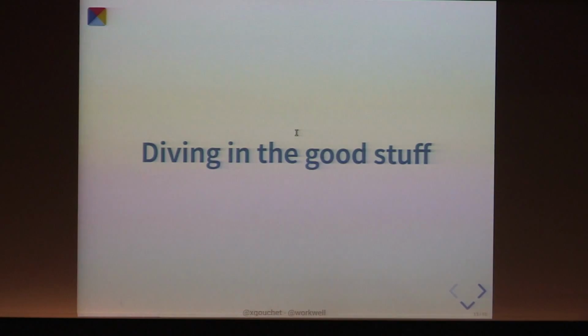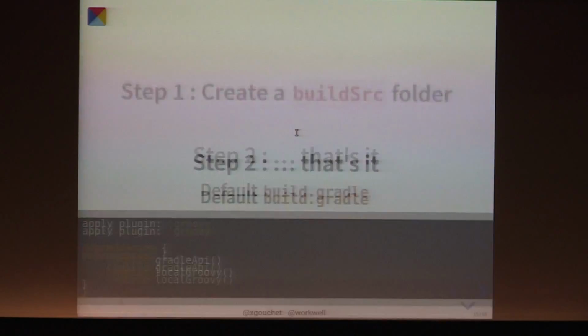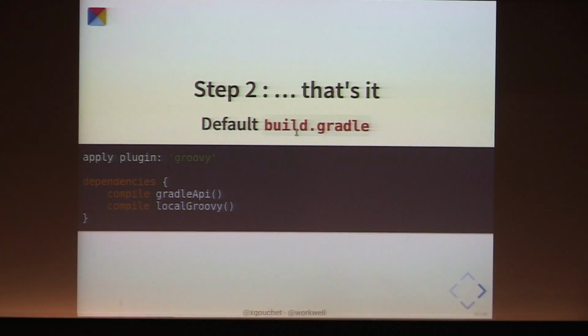So let's dive directly into the good stuff. The first step is to create a buildSrc folder. Then, well, that's it. By default, the buildSrc folder has a default build.gradle that you don't have to add. So this is what the default build.gradle is for this module. The first thing is that it applies the Groovy plugin.